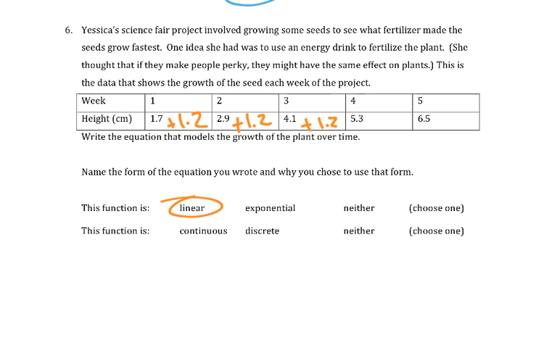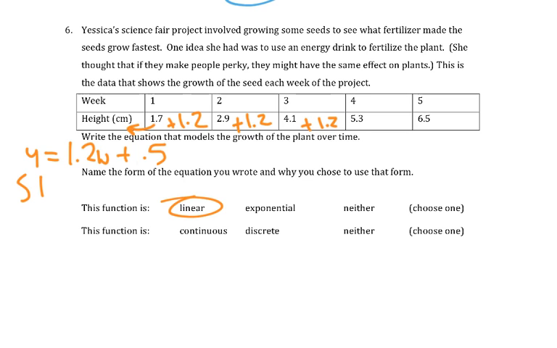Okay, so I could do a point slope here, I could do a recursive, I could do explicit, slope-intercept. If I did slope-intercept, you would go y equals, we're adding by 1.2 per week, and we started at, we'd have to go back to 0.5.